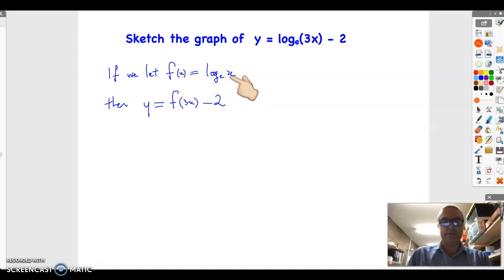You can see here we've swapped x for 3x, and we've subtracted 2 from that function. So if you'd like to use that base function and just take a moment to produce a sketch of this equation, log of 3x minus 2, pause the video, come back and have a look.